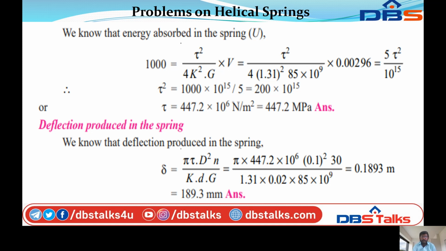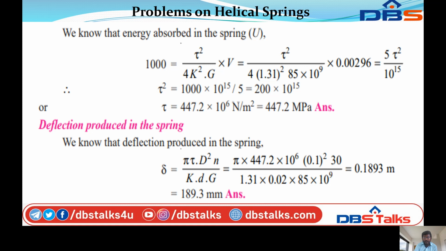So we get 5 tau square by 10 power 5. By cross multiplication, tau square is equal to 1000 into 10 power 5 divided by 5, that is equal to 200 into 10 power 5.